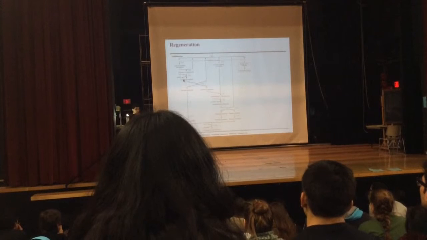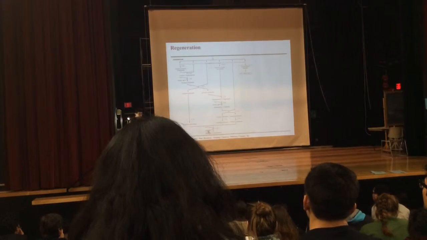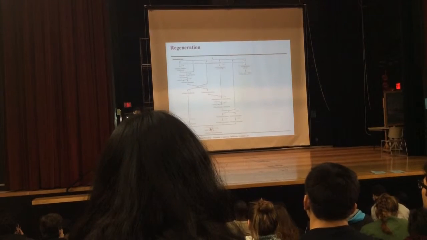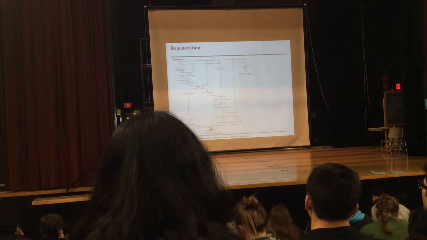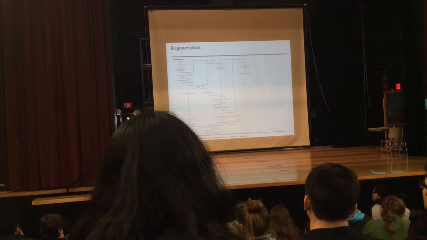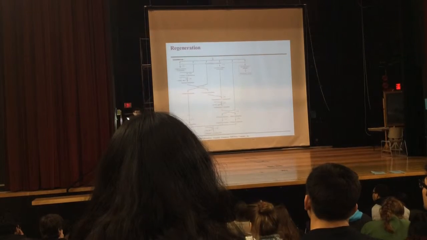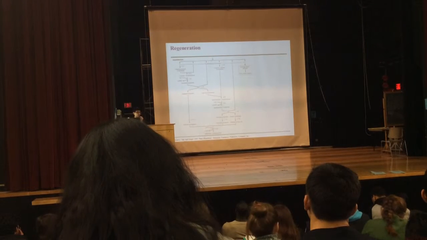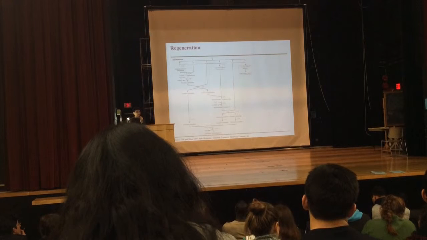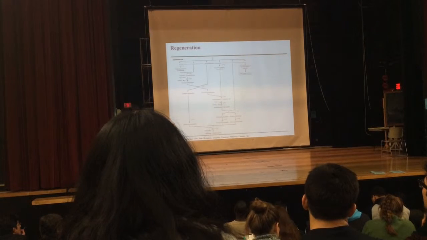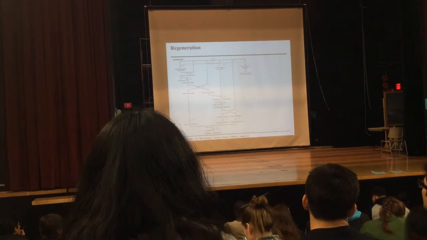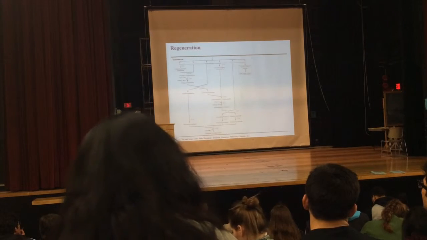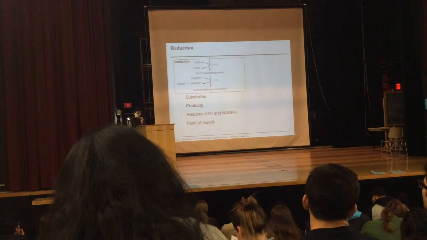Now these steps do require ATP, so notice the use of ATP down here to make RuBP. And that's as much as you need to know, unless you take an upper level plant physiology class, which is not saying much. So how many 3 carbons do you need for RuBP? RuBP has how many carbons? 5.